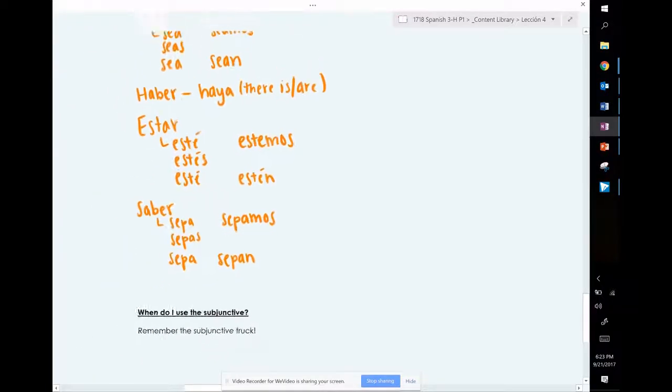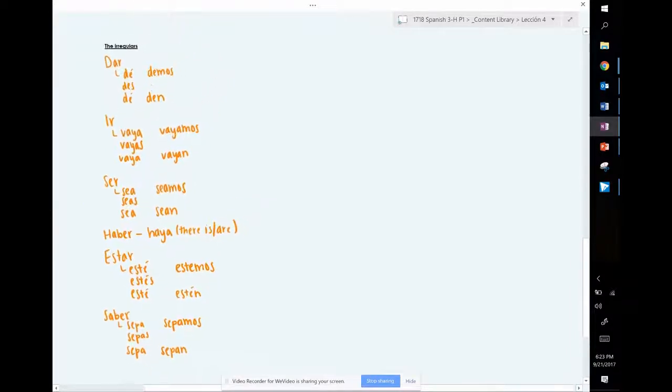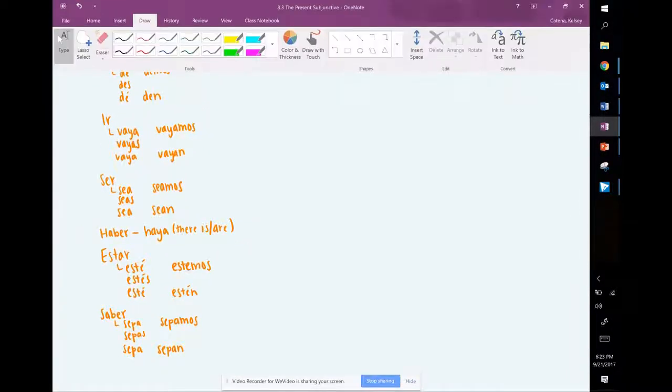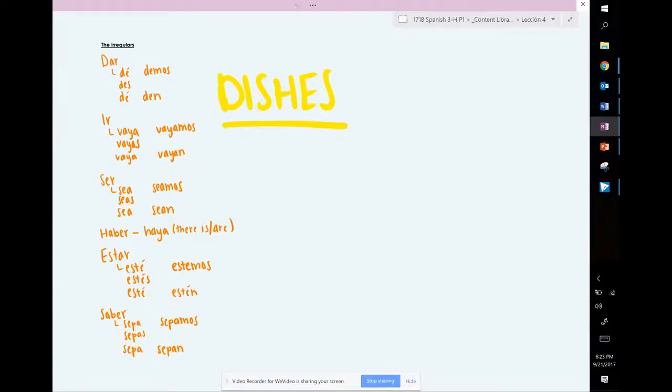And there you have it, our 6 irregular present subjunctive verbs, also known as dishes. So when you're conjugating verbs into the present subjunctive, don't forget to do your dishes. Dar, ir, ser, haber, estar, saber. Those are your 6 irregulars.